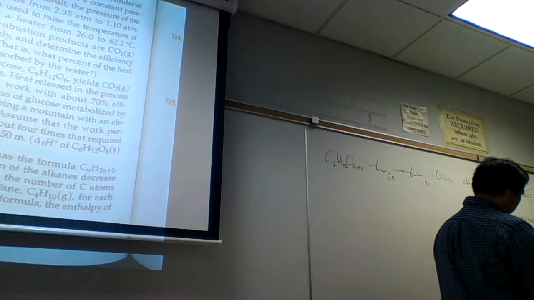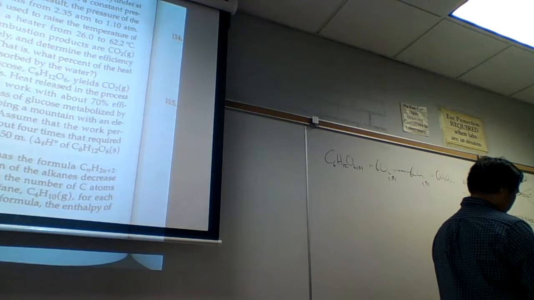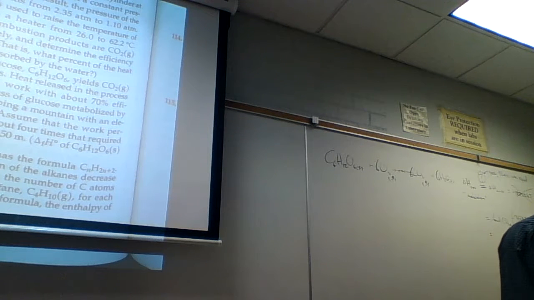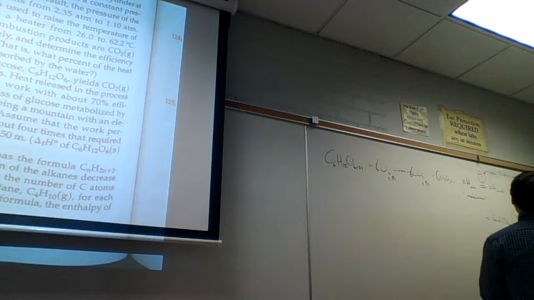6 times 393.5, 6 times 285.8, and 1273.3. That gives negative 2802.5.